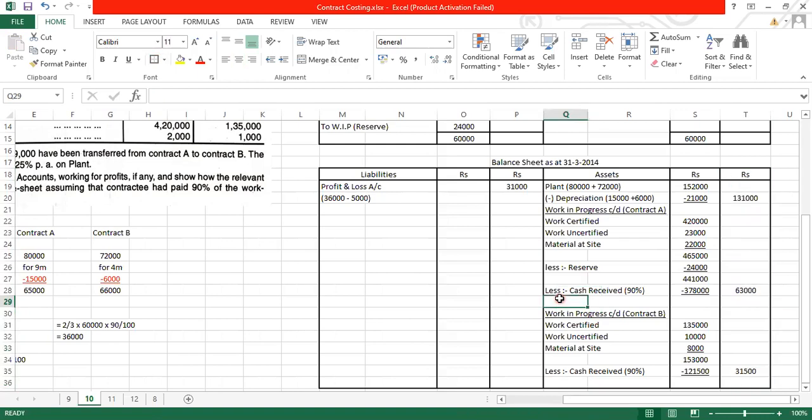This cash received is 90% of 4,20,000. फिर यहाँ पर 90% लिखने की जरूरत नहीं है.